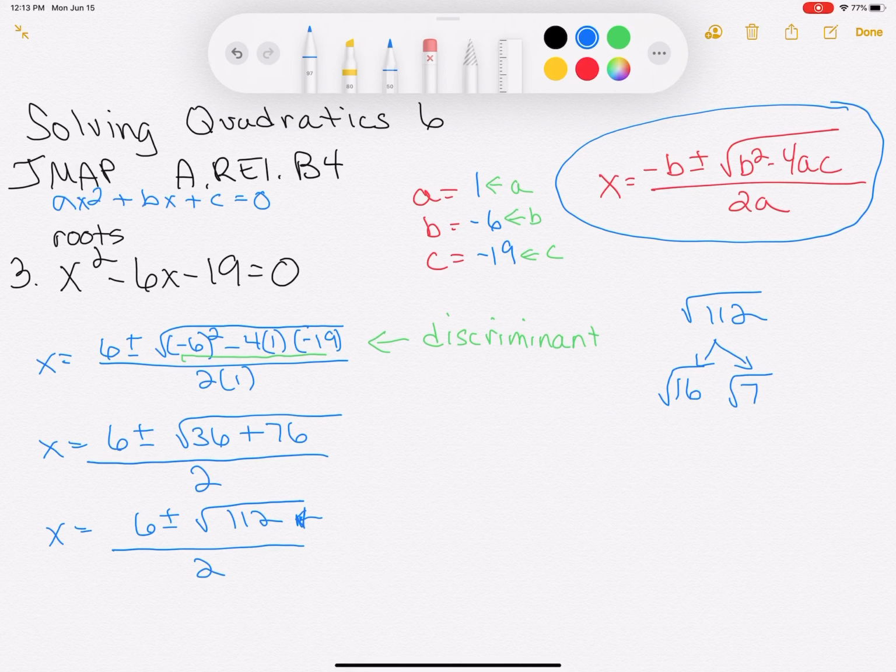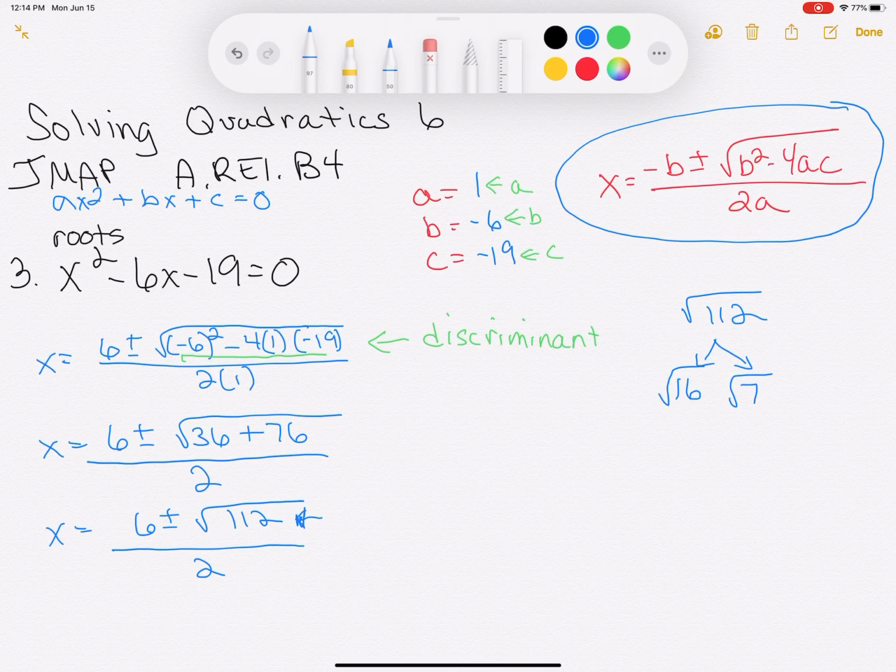So I did not change the value of that square root of 112. Its two factors are square root of 16 and the square root of 7. So if I multiply the square root of 16 times the square root of 7, I will get the square root of 112. So I'm not changing the value, I'm just rewriting it in its simplified form.